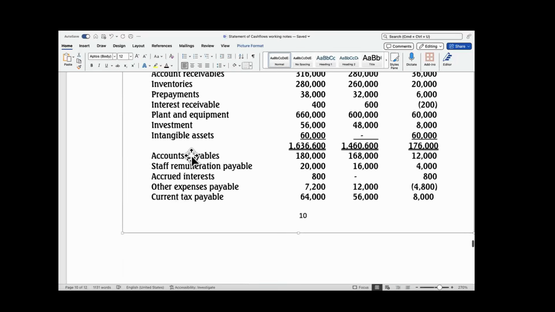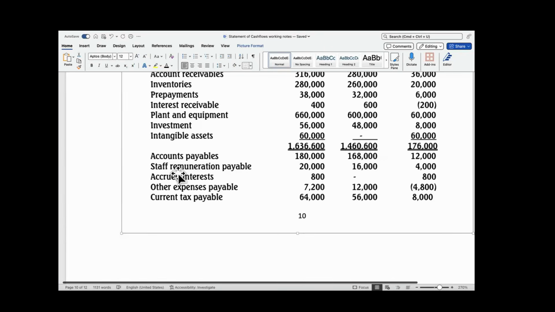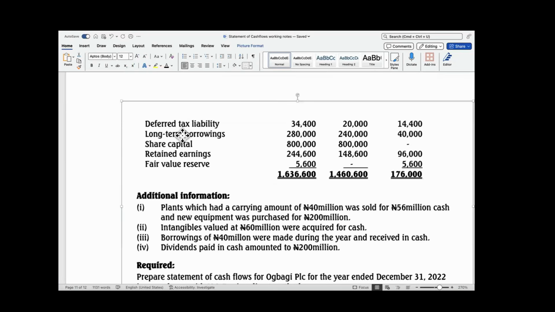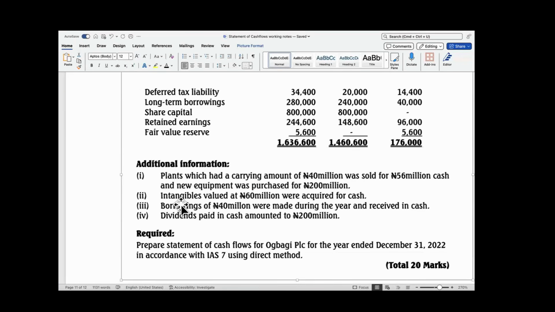Now, other items that I've not touched in my liability parts: I've dealt with account payables, staff remuneration payables, accrued interest, other current. I've dealt with this. So these long-term borrowings, I borrowed 40, which they also told me in note 3.